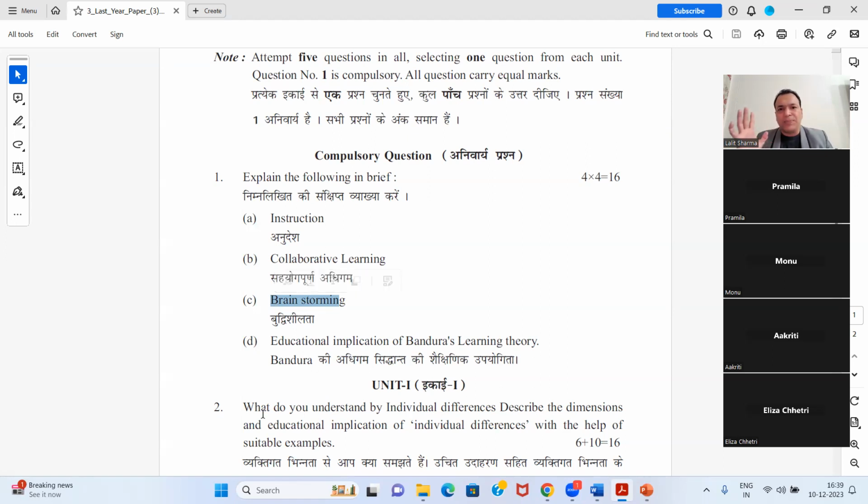अब आपने देखा होगा, very few teachers, ना, they use this strategy. If you are not aware of this strategy, brainstorming, and you have joined a school and teaching to the student, so what you are doing?